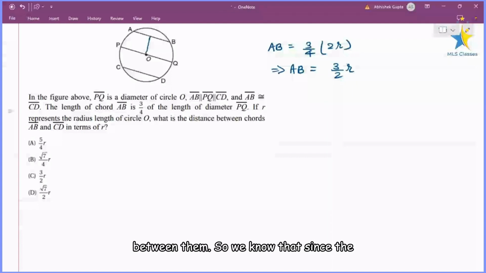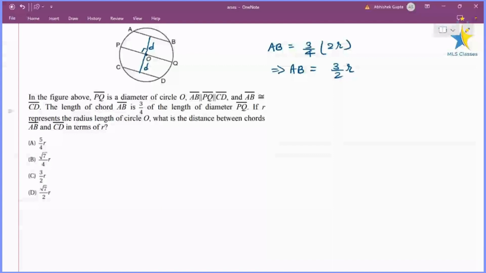So we know that since the two chords are congruent, that means they will be at the same distance from the center. And we also know that a line passing through the center to the chord bisects the chord. So we can say this and this will be equal.